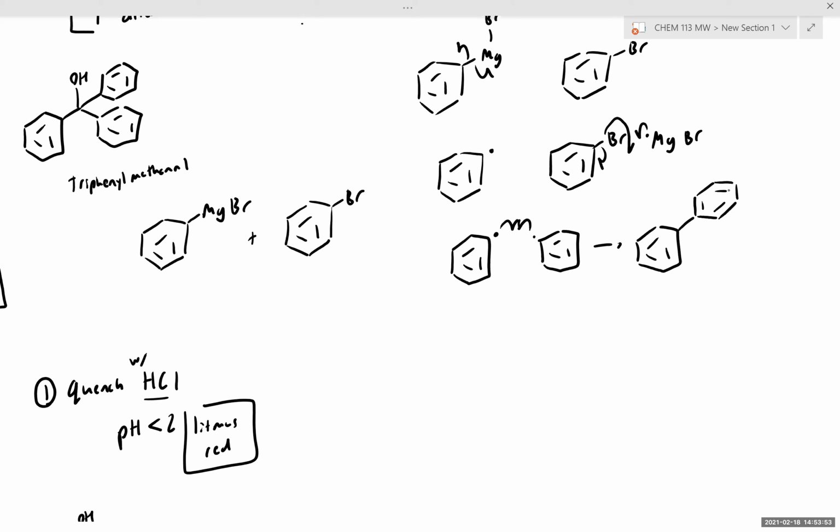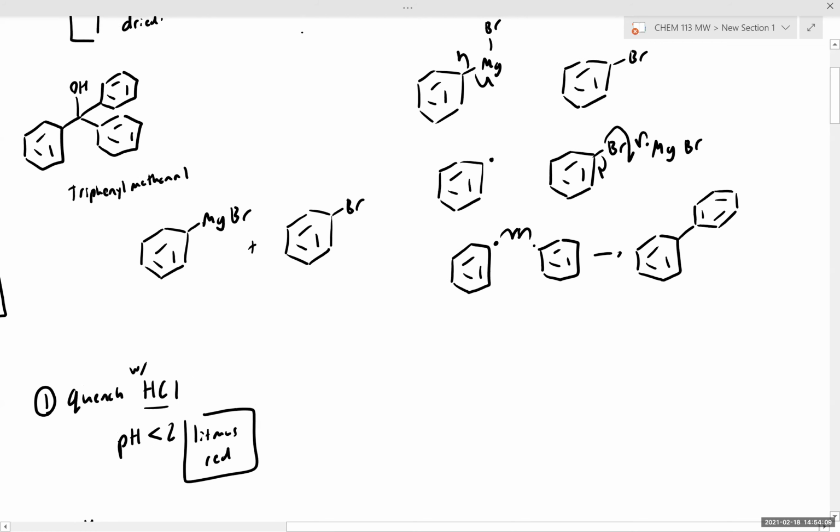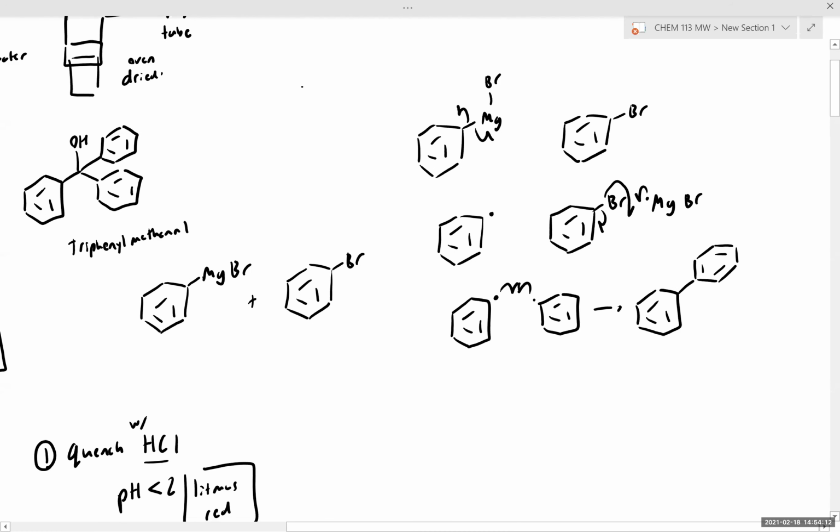I can look into this in a little more detail and come back with some more definitive mechanisms for this specific substrate under these conditions. Generally, this kind of homocoupling occurs when you have an excess of Grignard and you still have unreacted alkyl halide.